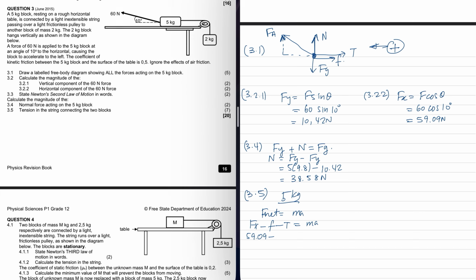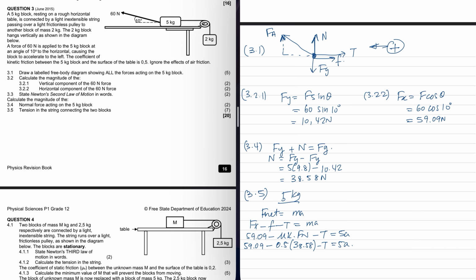The friction is equal to mu k times Fn, and then minus the tension is equal to 5a. So 59.09 minus mu k, so the coefficient they've given us is 0.5, so 0.5 times the normal, which is 38.58, minus the tension equals 5a.